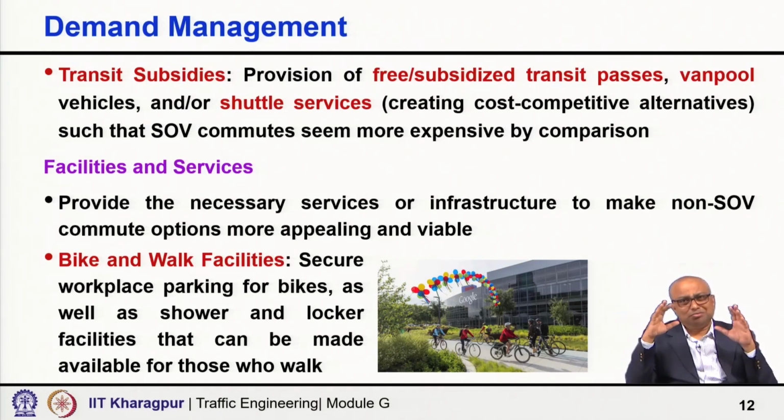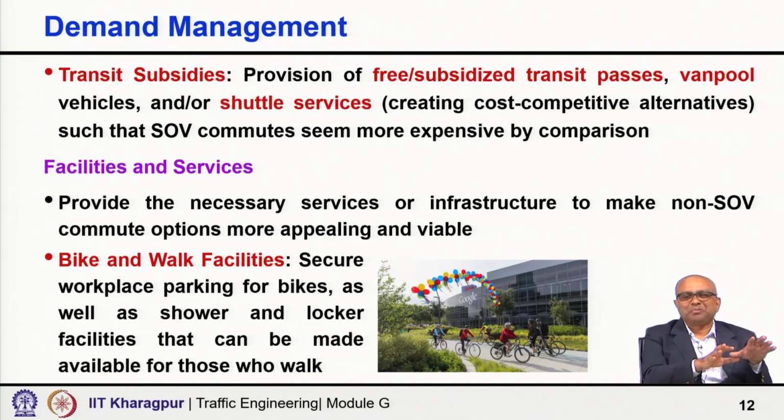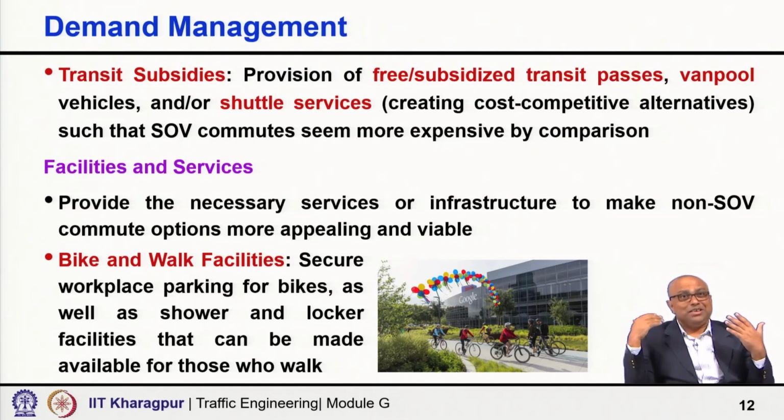So, give subsidy to non-SOV options to bring down the cost of travel by non-SOV, so that the SOV commute looks even more expensive, right. So, that is another way.